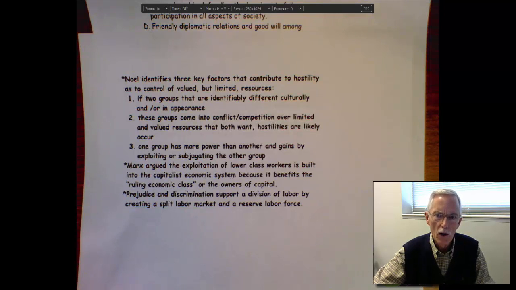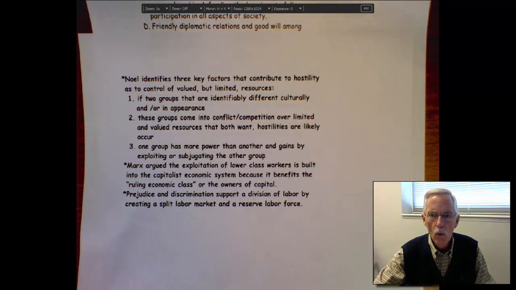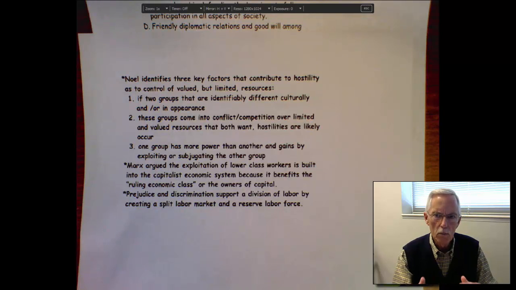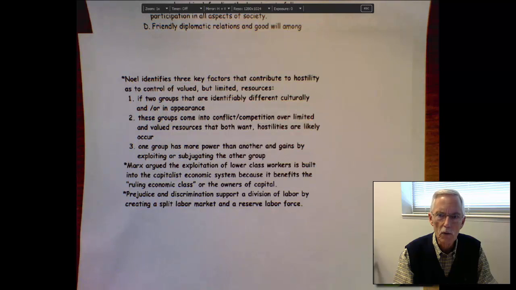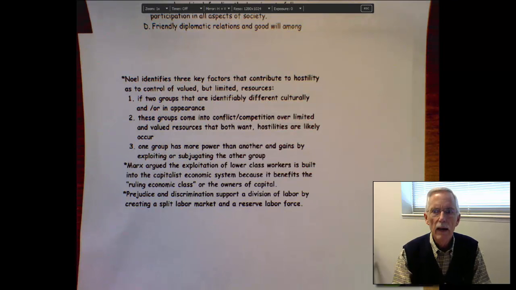Now, there are a number of conflict-oriented models as to discrimination and prejudice. One of these is highlighted in part by the work of Marx and other conflict-focused sociologists. It boils down to the fact that prejudice and discrimination supports a division of labor by creating a split labor market and a reserve labor force.